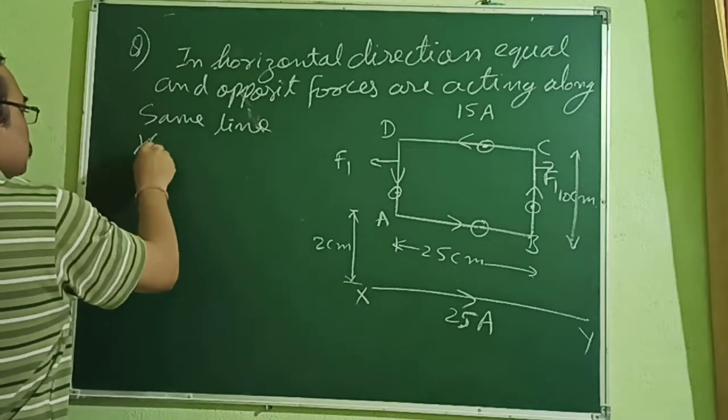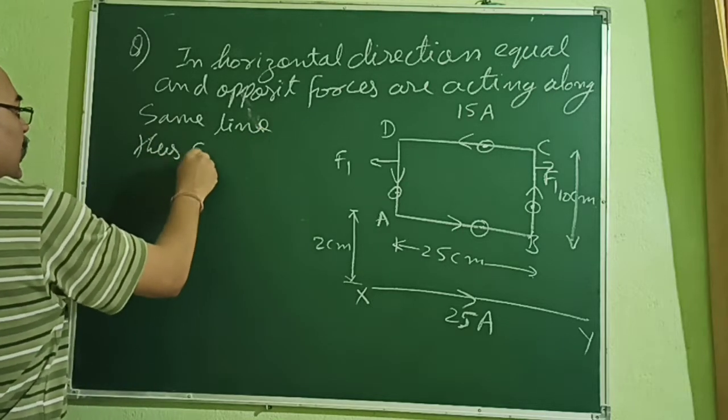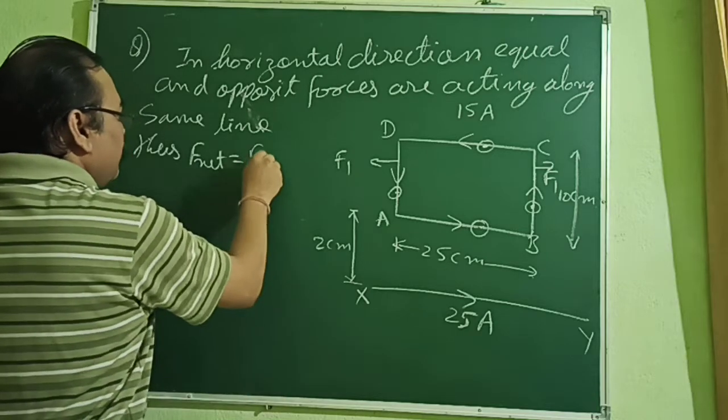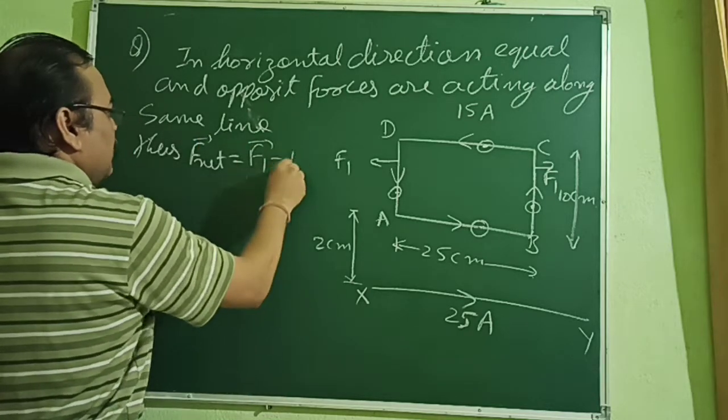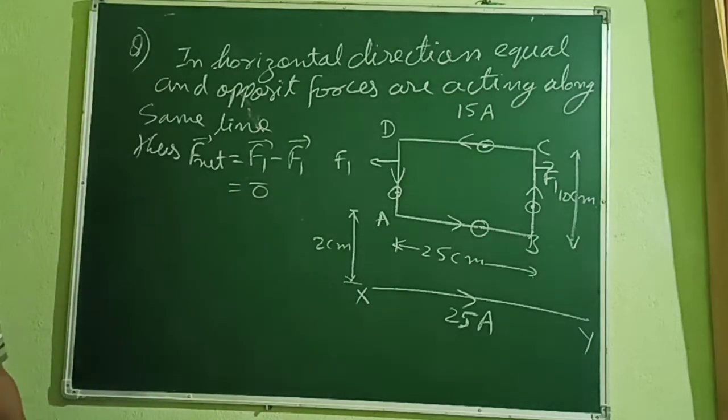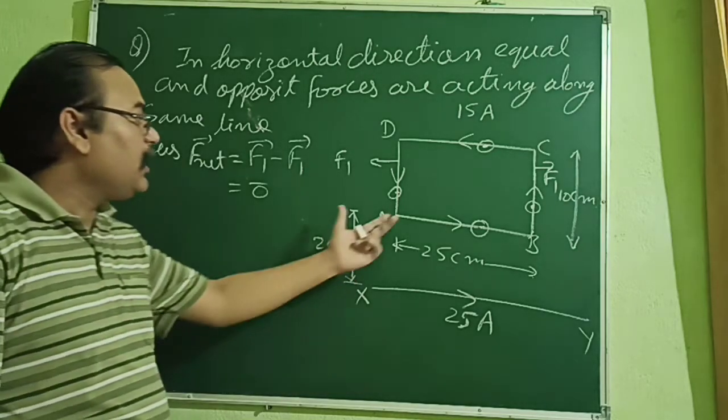Thus F net equals how much? It is F1 minus F2, and that is 0. So in horizontal direction, net force is 0 on the loop. Now let's go for the vertical direction for AB and CD.